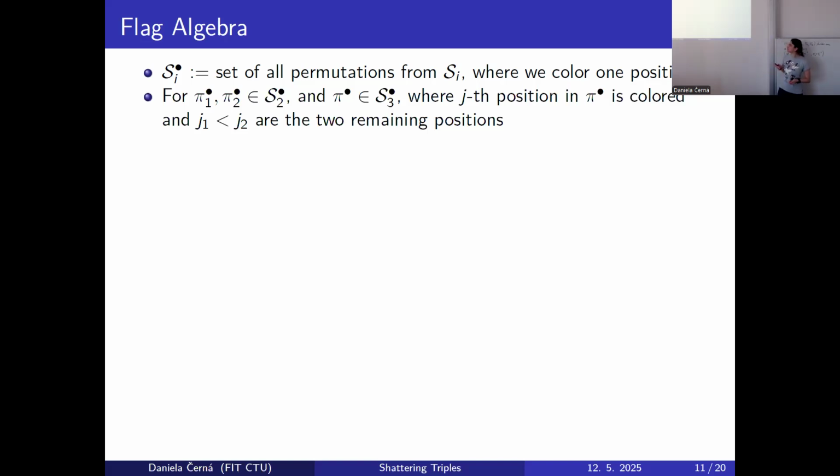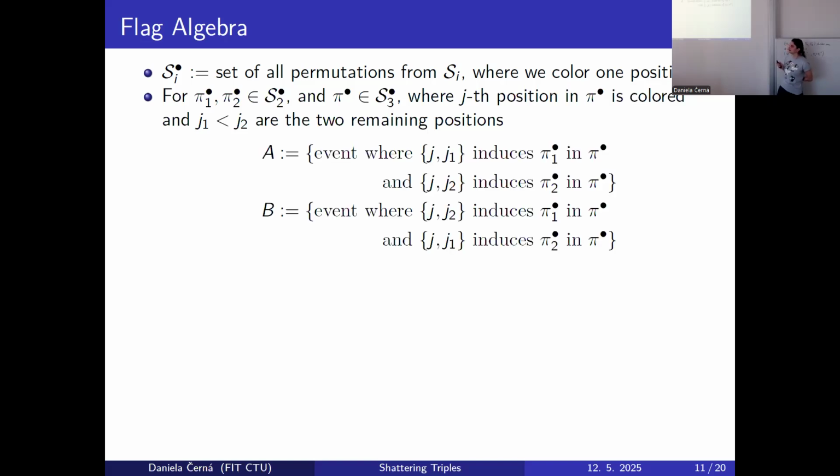So if I have 2 permutations of order 2 that have 1 position colored, and permutations of order 3 that have 1 position colored, I can define these 2 sets, which is exactly by choosing the colored one and one of the others, and looking whether it induced the first permutation with the coloring, and looking if the other one induced the second permutation in the coloring.